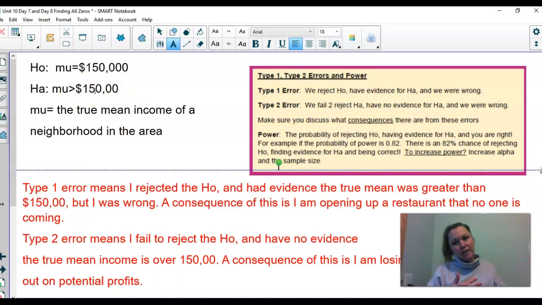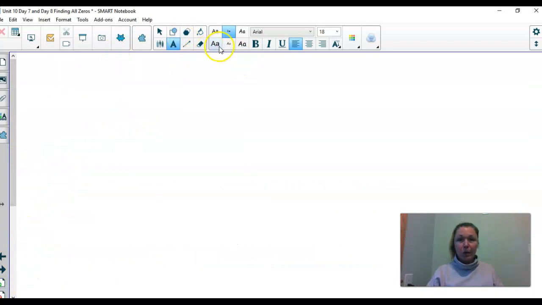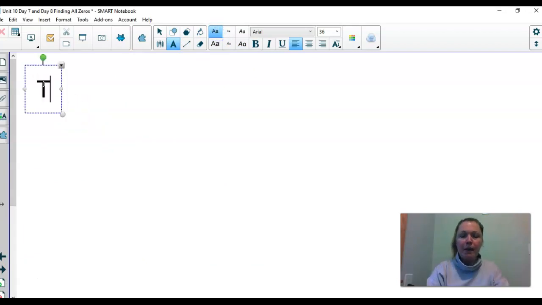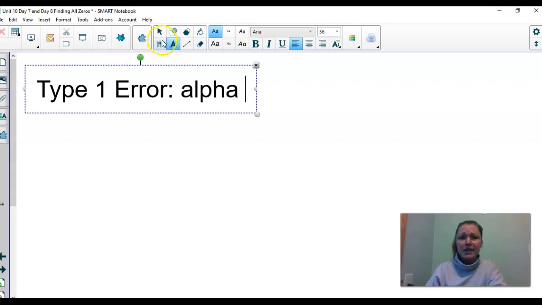How do we increase power? We increase power by increasing our alpha and increasing our sample size. What does that mean? Let me talk about that right now. Okay, so we have a type 1 error, right? Well, how do I know what's the probability of a type 1 error? Like, how do I know what are the chances that this could happen? That's alpha, you guys. That's your significance level.